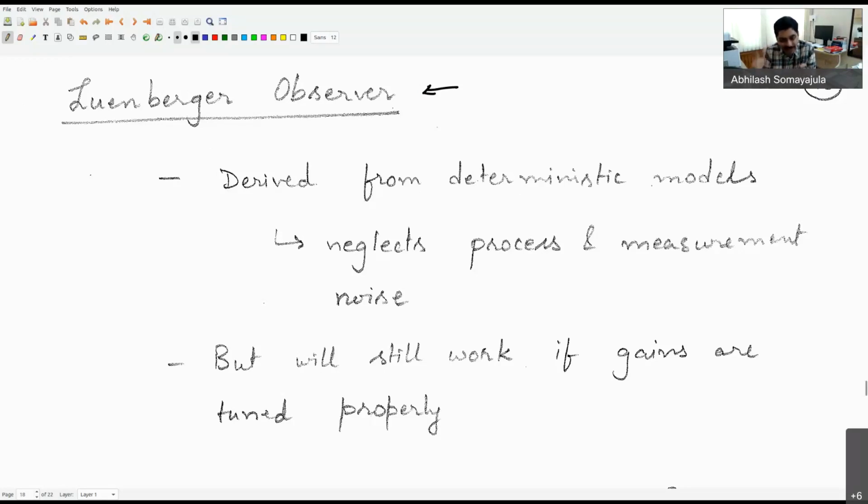But we can still apply it even when some noise does exist. It is robust enough to take care of them as long as the gains are tuned properly. And we'll talk about what those gains are and how we make sure that this works. Those who have taken the maneuvering course with me have seen this before. You probably have not seen it under this name, but you have seen it under the name of state estimators.